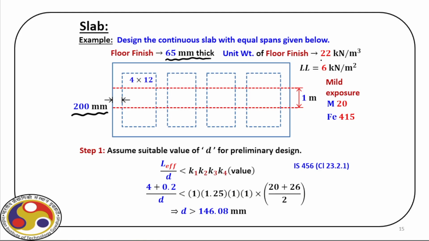So unit weight of the floor finish is given, that is 22 kilonewton per meter cube. And then live load, which is uniformly distributed over the slab, is given as 6 kilonewton per meter square. So we have a mild exposure, and for this mild exposure, the concrete is M20 and Fe415 steel.